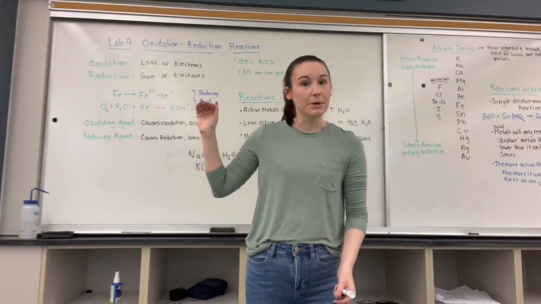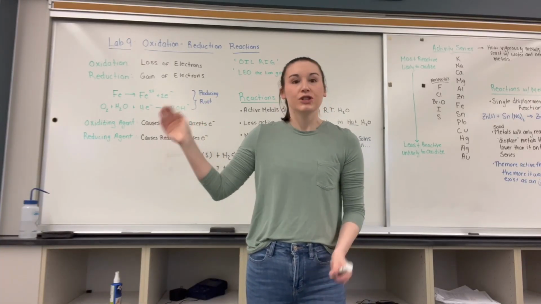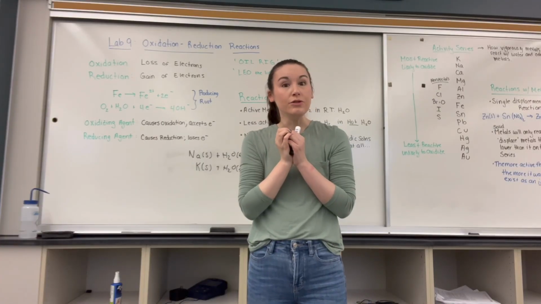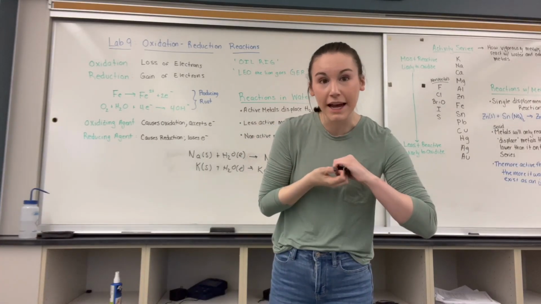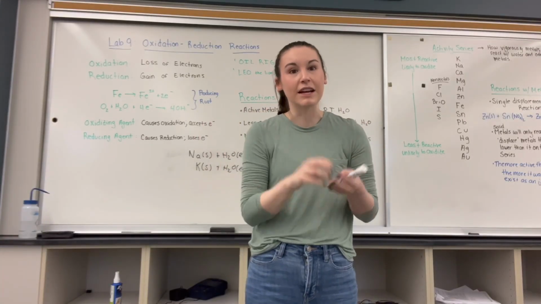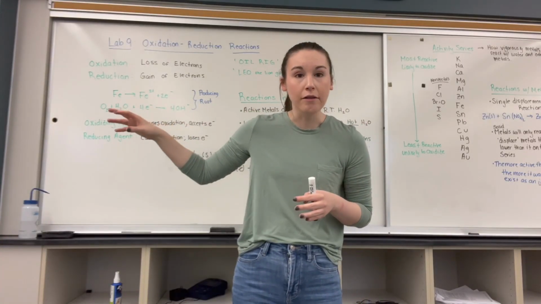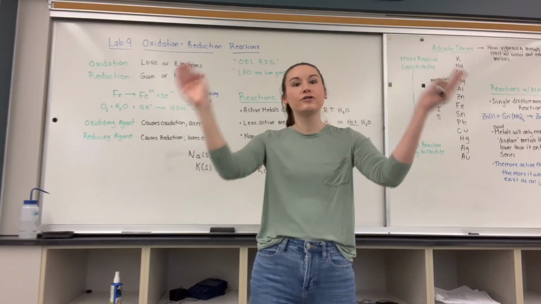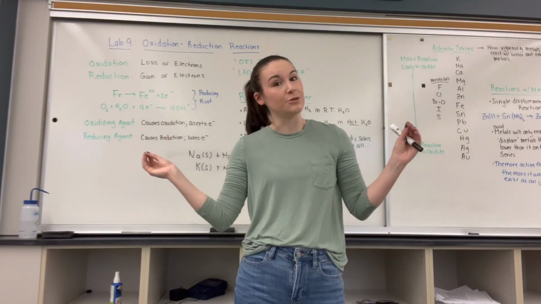Sodium is higher on the periodic table than potassium is, so its valence electron is a little bit closer to its nucleus and it's held on a little bit tighter. So it takes a little longer for that electron to come off. Potassium, on the other hand, has a whole extra shell of electrons before it gets to its valence shell.